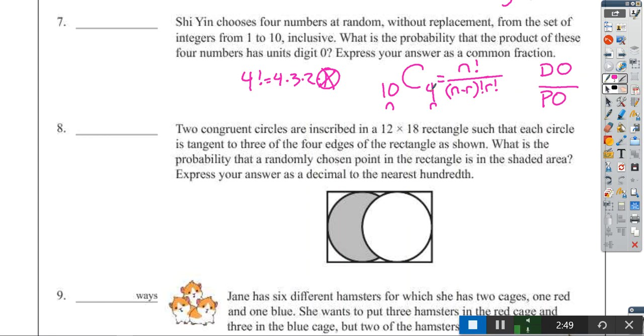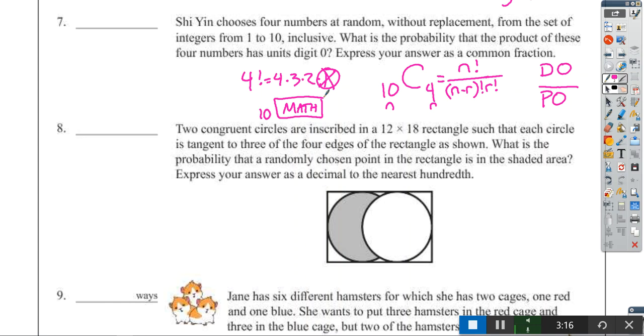So using your graphing calculator, you would type 10, and then you'd hit the math button. On the top, you'll see probability, so you have to scroll over to PRB. And then under that, you'll see the nCr notation.